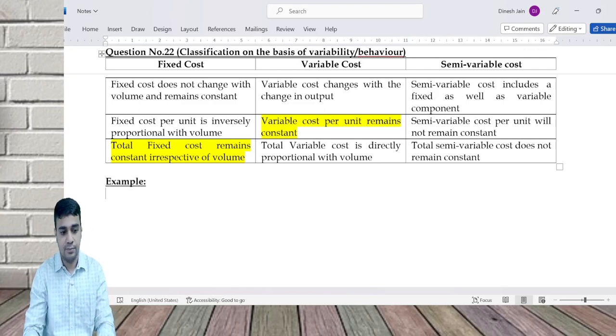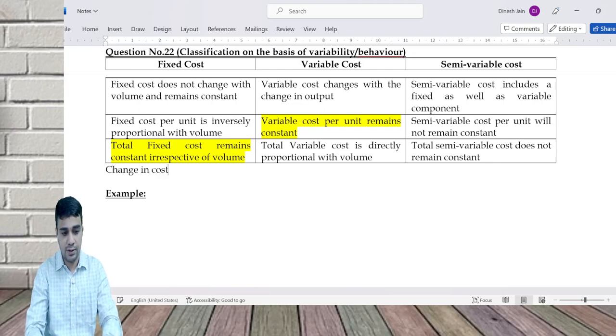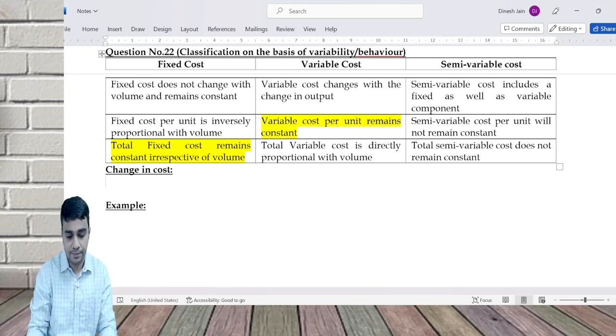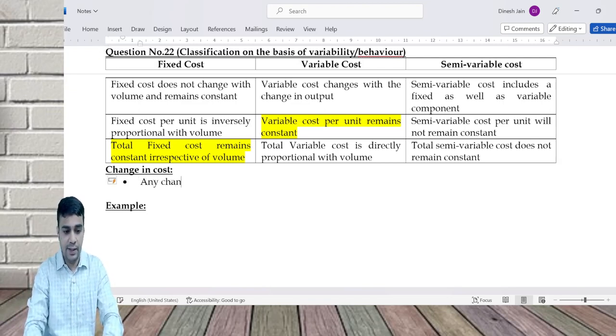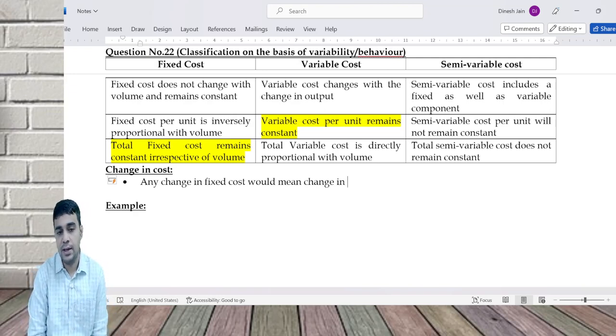Before the example, first write: change in cost. Any change in fixed cost would mean change in total fixed cost.